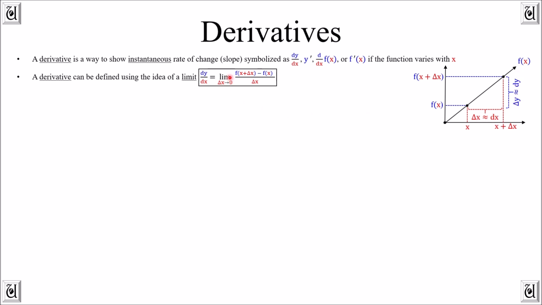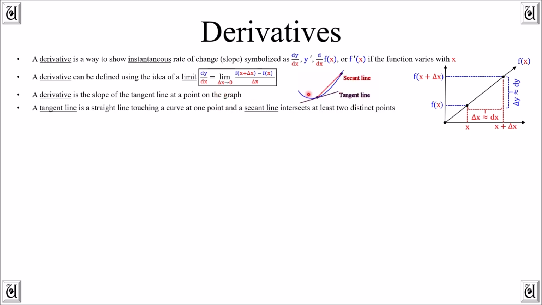And as this delta x approaches 0, so as this gets closer, this is going to be getting closer, right? So you're pretty much approaching a single point. You're approaching a very small change. Now we can start to use dy and dx, and that's what this is telling us, all right? And so really what we're talking about is that the derivative is the slope of the tangent line at a point on the graph.